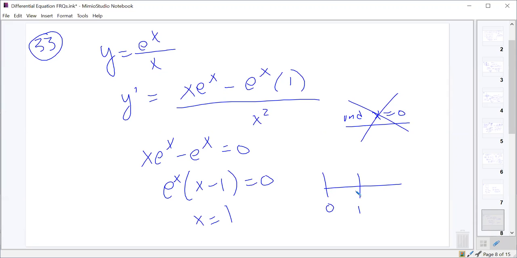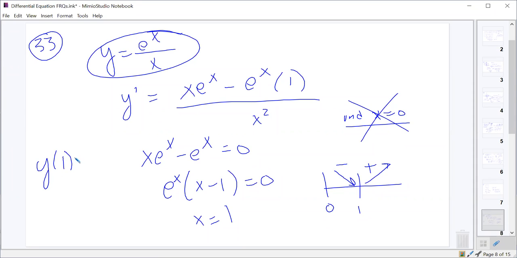If we plug in something between 0 and 1, like a half, our denominator is positive, but our numerator ends up being negative, so we're decreasing. And if we plug in something more than 1, like 1,000, we have a positive number over a positive number. So it's clearly a minimum at 1. And then to find the actual minimum value, we look for y of 1, which is e to the first over 1, or e.